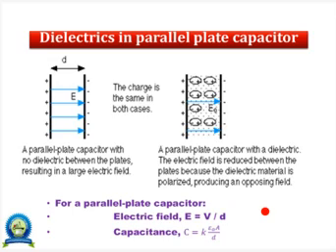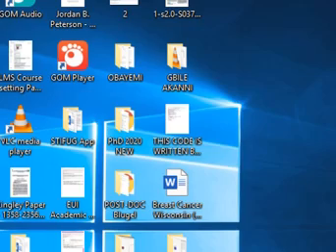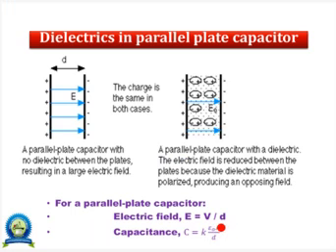Okay? Then the capacitance of a capacitor with dielectric material is given as C is equal to K epsilon naught A over D. Remember, in a free space, K is equal to 1. So you will have your C like we had earlier as epsilon naught A over D. I believe you are with me.